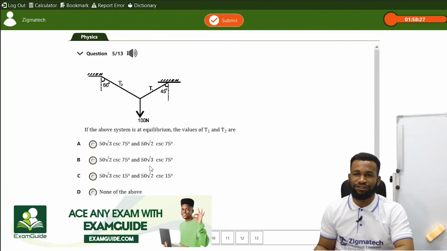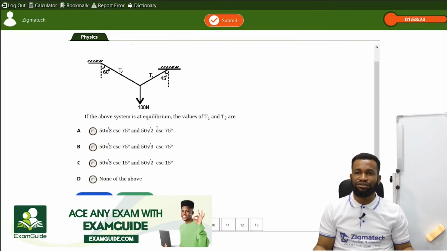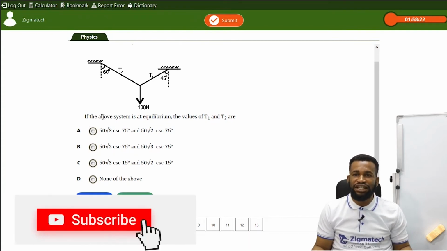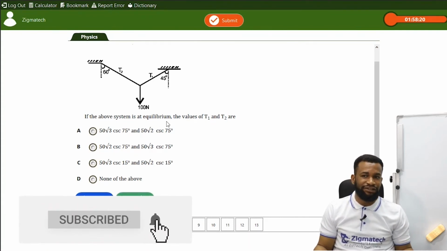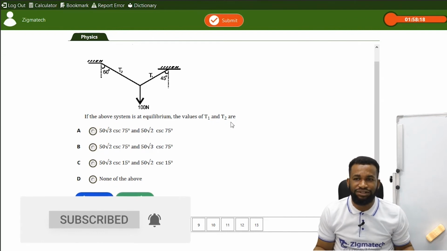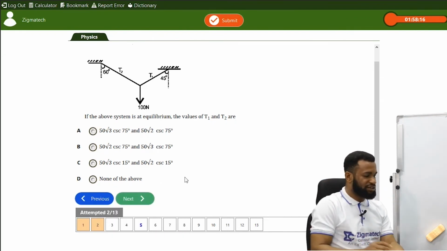Okay, let's look at this one. Yeah, let's look at this question. We have, it says, if the above system is at equilibrium, the value T1 and T2 are. All right.